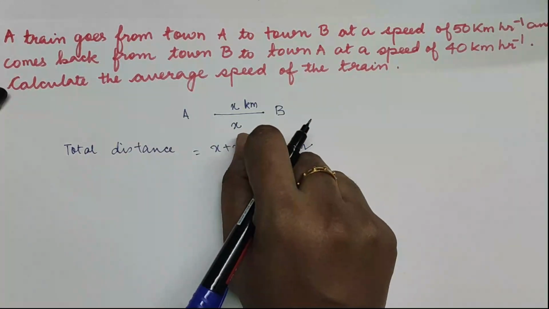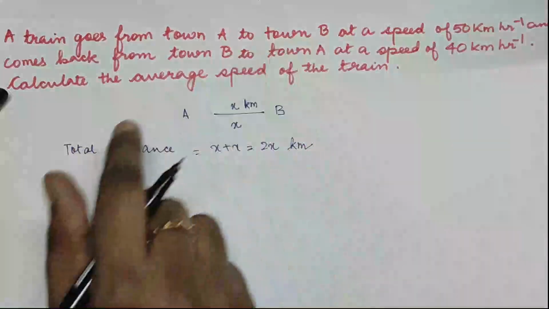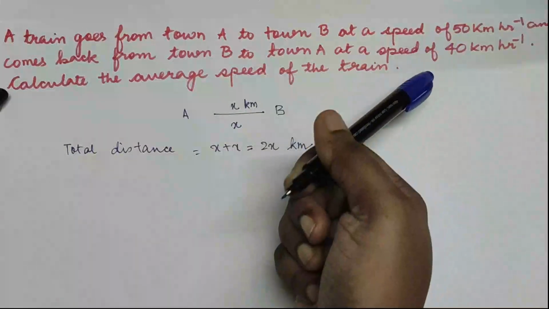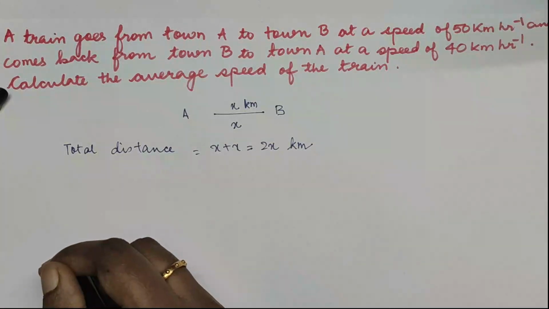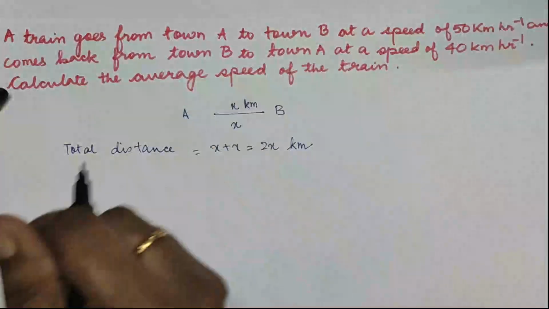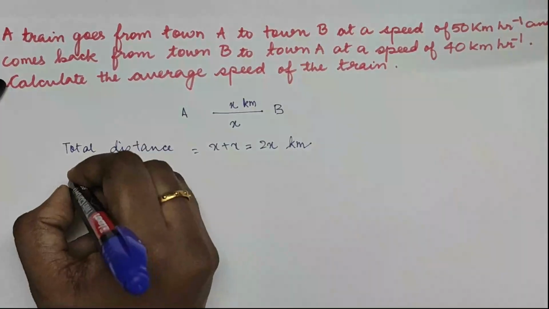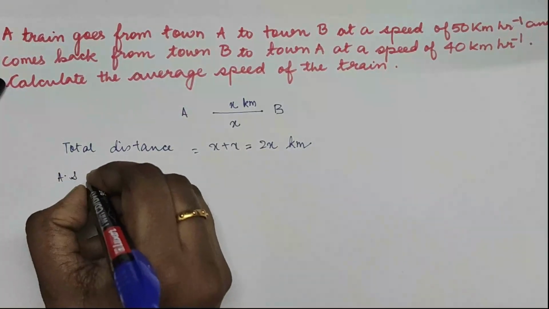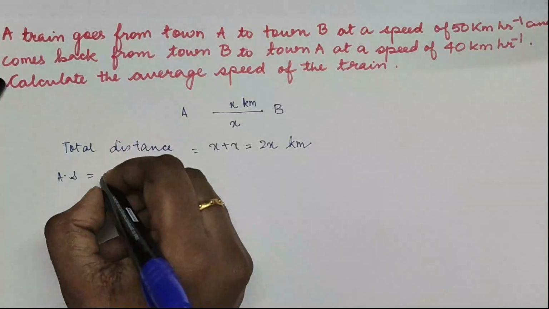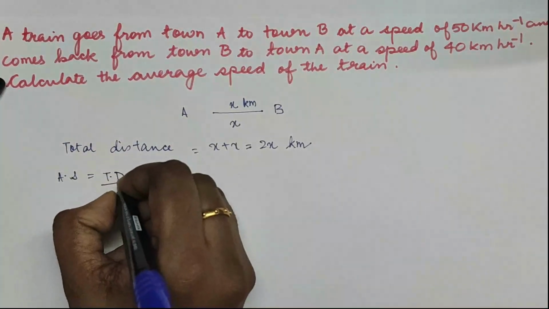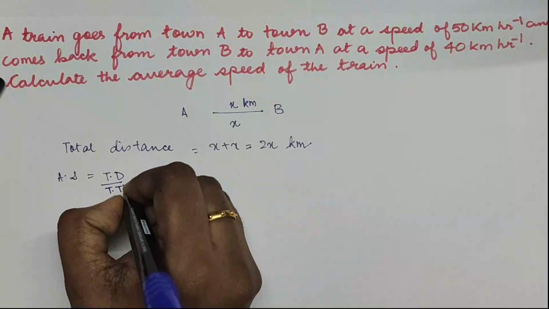And I know the speed of the train for each direction, so I can get the time. You know that average speed, or AS in short, is total distance by total time.